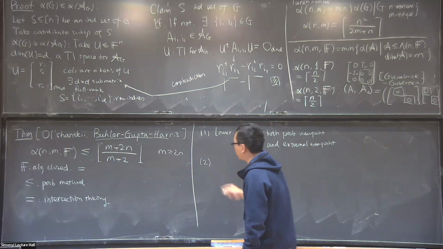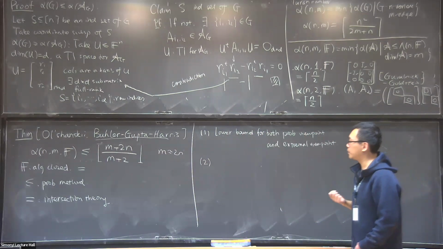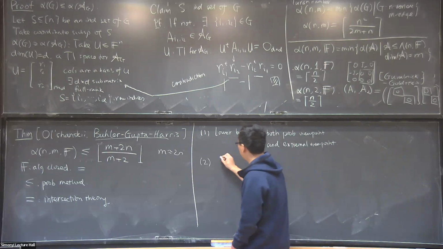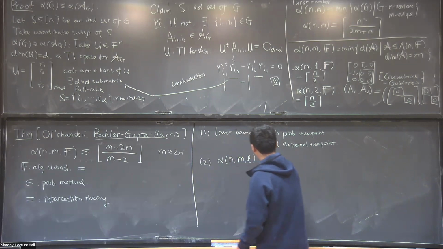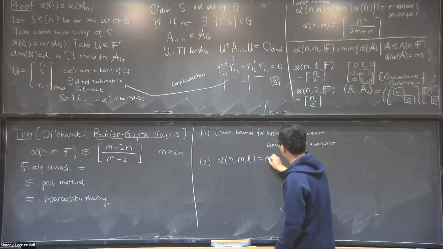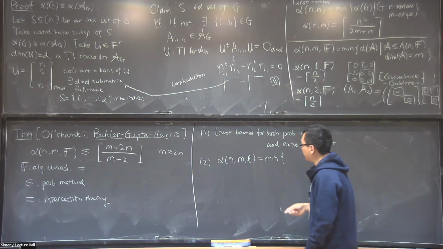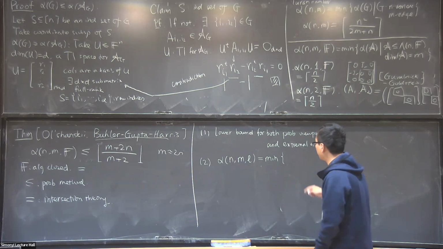Another thing is that for people in extremal graph theory, there's also this generalization to hypergraphs. So there's alpha(n, m, l), which is asking about, after Turán proved this result, the hypergraph generalization becomes a very difficult problem.